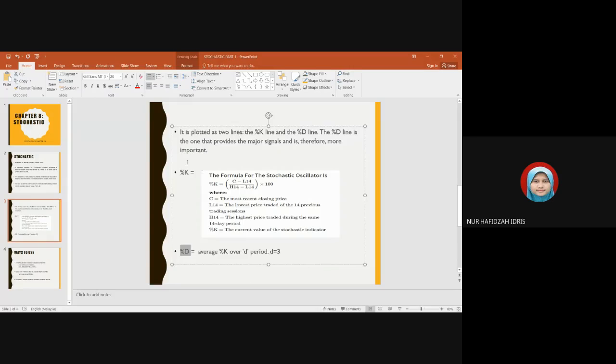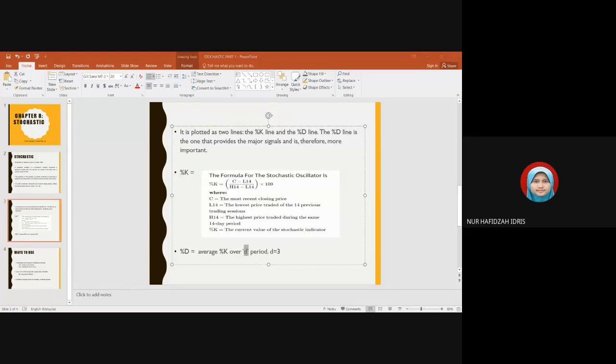Okay, so line untuk stochastic, ni yang dikata it is all about the closing, the highest and lowest closing price for the certain period of days. And also we have the percentage of D. Percentage of D, this is the percentage K, which is the percentage of the average stochastic over certain period of time. So normally D is the period of time.